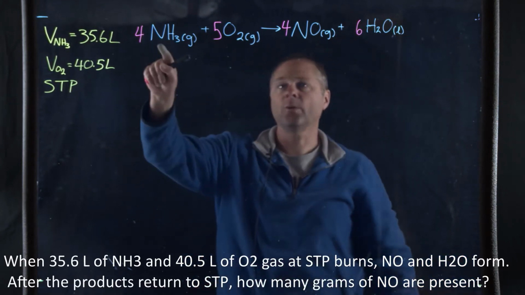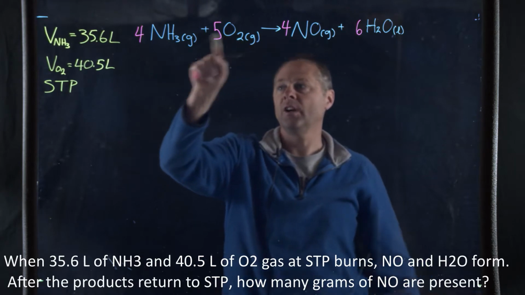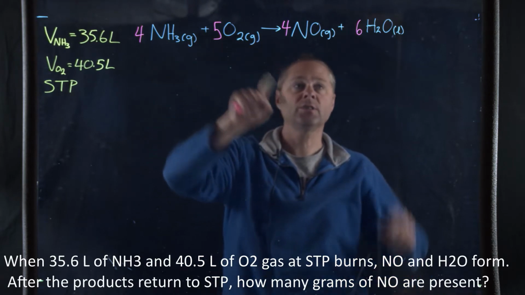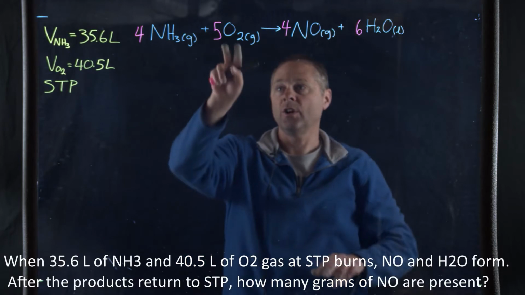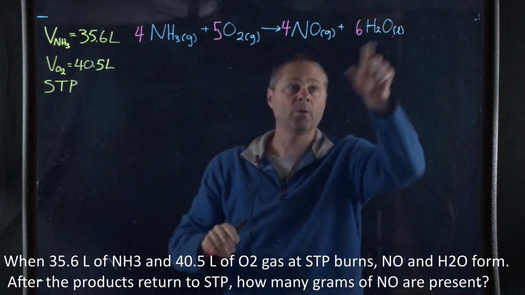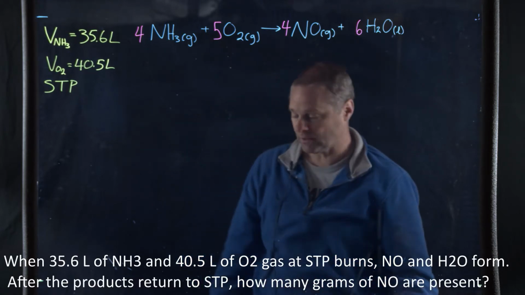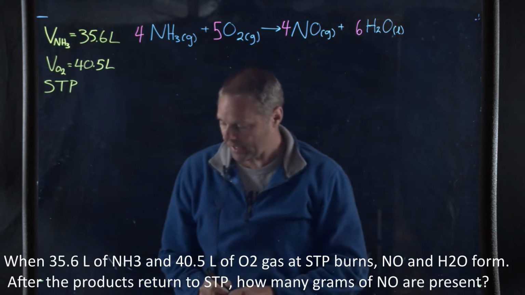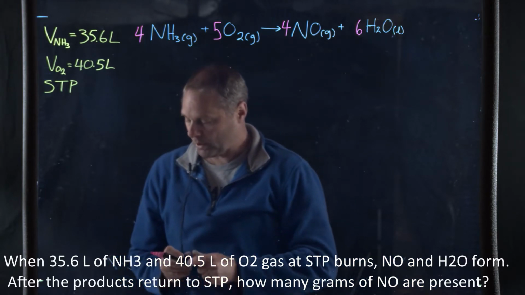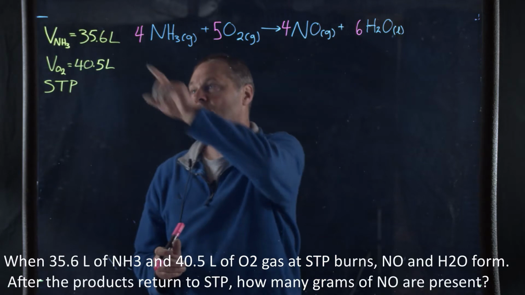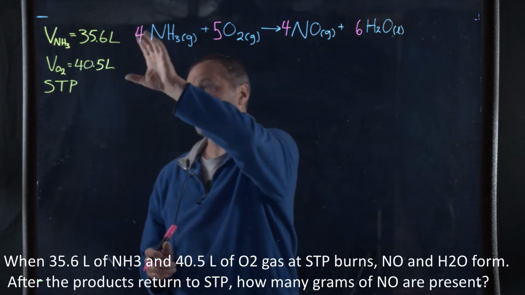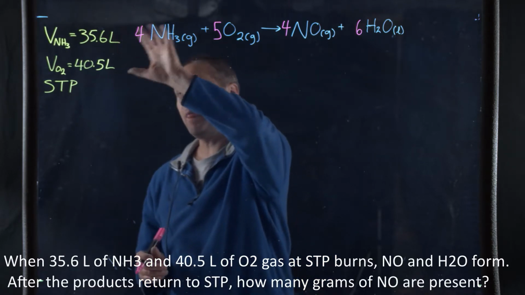And so that gives us 4 nitrogens, 4 nitrogens. We have 12 hydrogens, 12 hydrogens. We have 10 oxygens, we have 4 and 6, that gives us 10 oxygens. So now it's balanced.